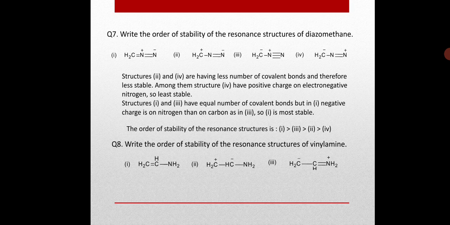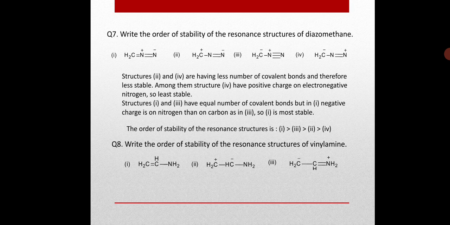Structure 1 and structure 3 are having an equal number of covalent bonds, but structure 1 is neutral, structure 3 has charge separation, and not only that, the nitrogen is having a positive charge, and so that will make structure 3 the less stable.